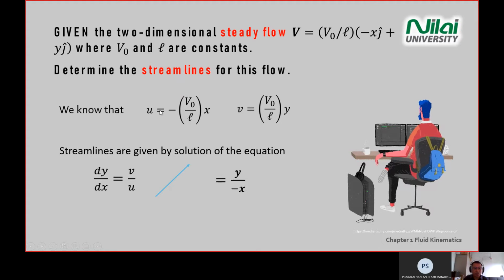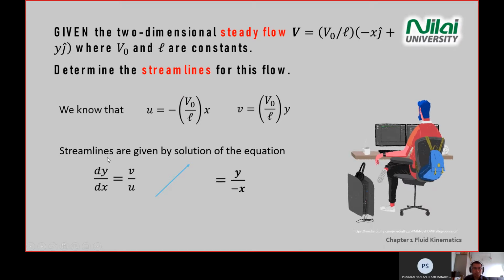Now u equals negative V0 over L times x. This is what we covered already, from the velocity vector, the vector field just now. And v equals V0 divided by L times y. So this is the u direction, the x direction, and this one is the y direction.